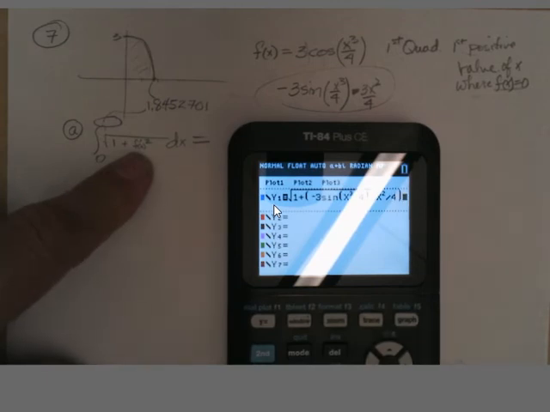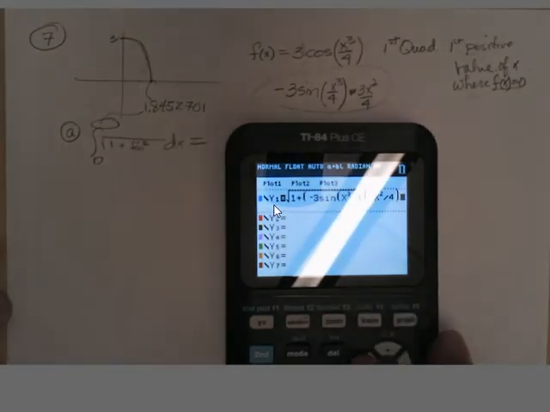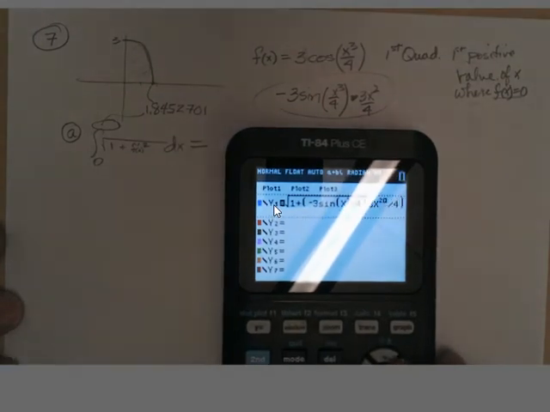Close the parenthesis. Oh, and it stopped my square root. I didn't want it to stop my square root. Let's go back here. It shouldn't have. So how do I make this work?